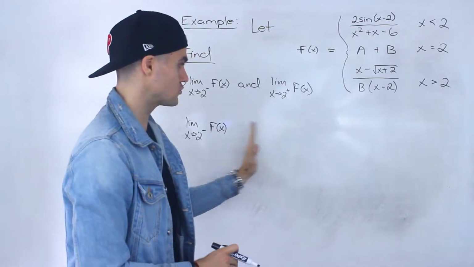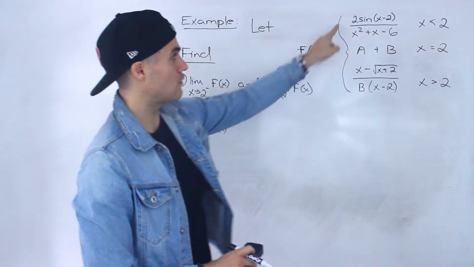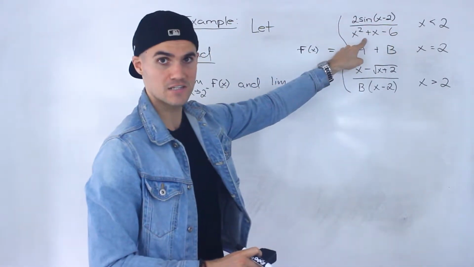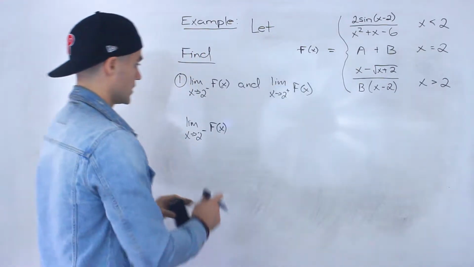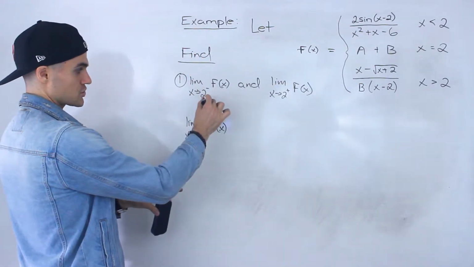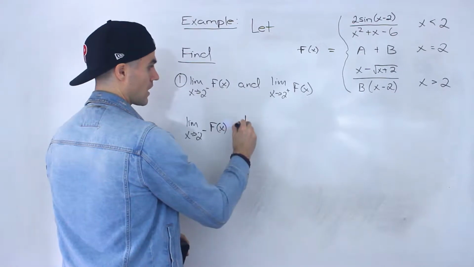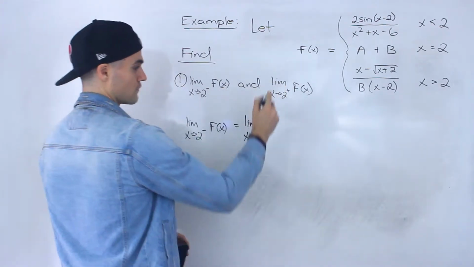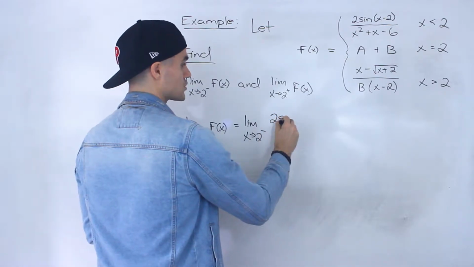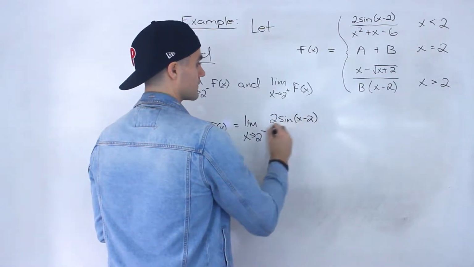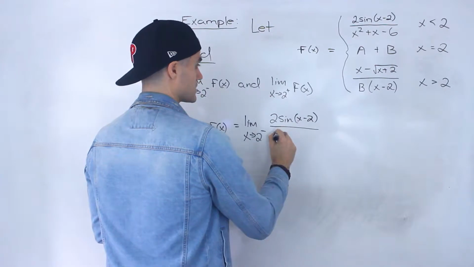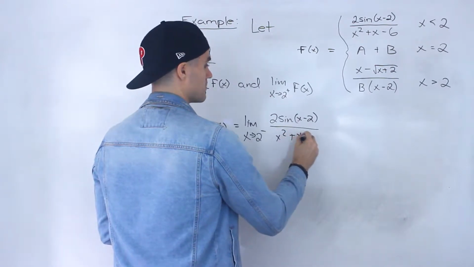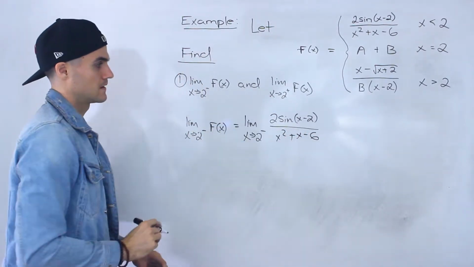And if we're approaching 2 from the negative side, then we're approaching it on this piece over here. So this expression, we can actually rewrite as the limit as x approaches 2 from the negative side of that function on the left side: 2 sine(x minus 2) over x squared plus x minus 6.